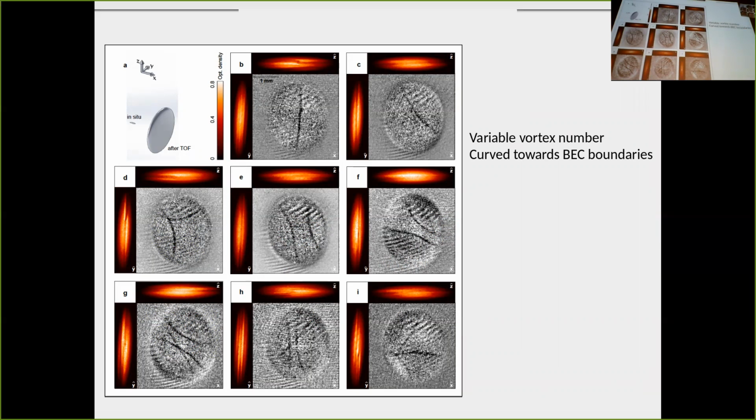Would be nice, but it's not possible if we consider the ordinary detection methods, because, as I told you, images like this are taken with resonant absorption imaging, which is fully destructive.